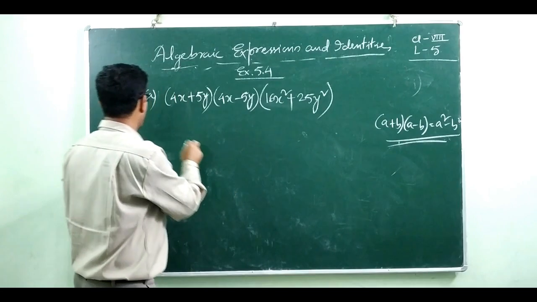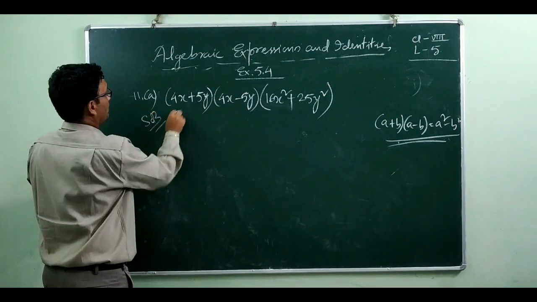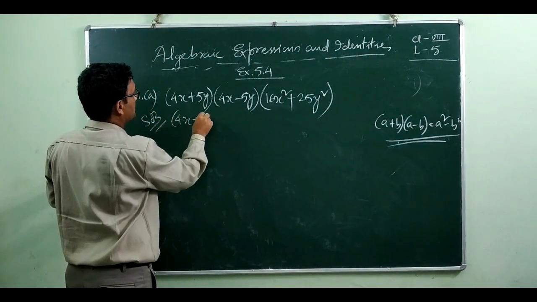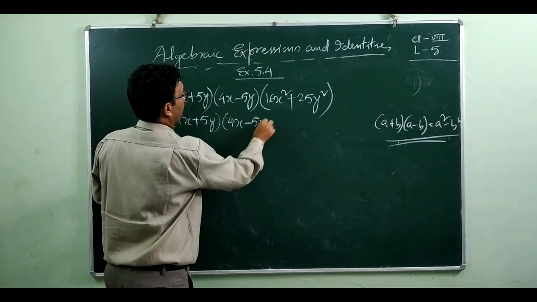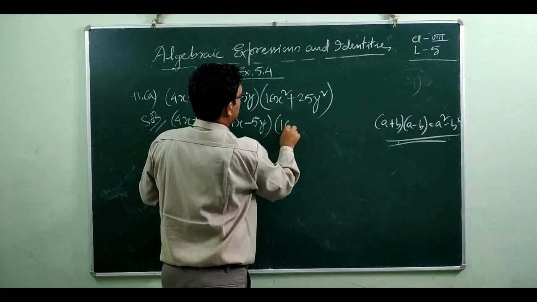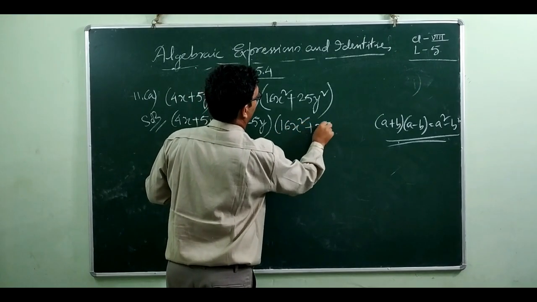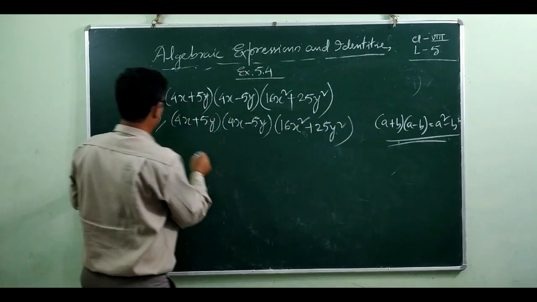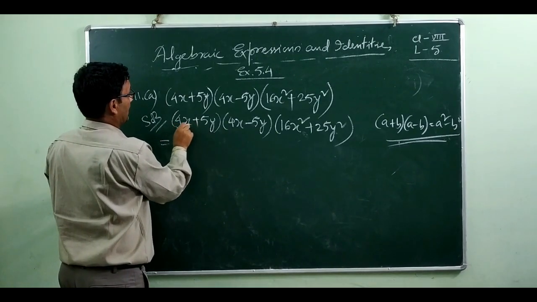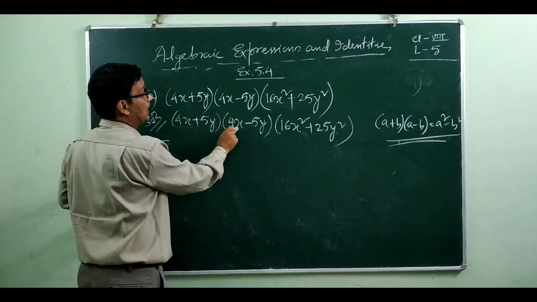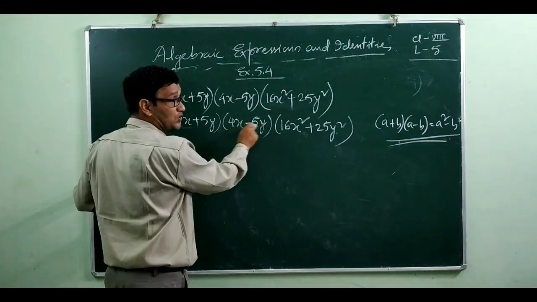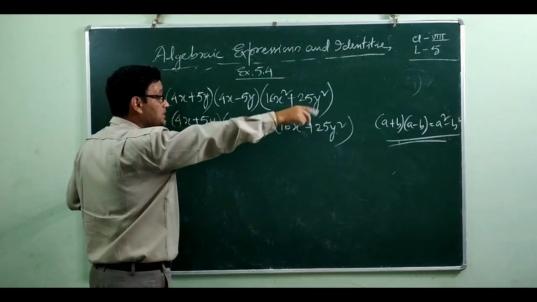How to solve this one? First we'll write the question: (4x plus 5y) into (4x minus 5y) then into (16x square plus 25y square). Then first you see this one. If you consider this is your A and this is your B, that means (A plus B) into (A minus B). So (A plus B) into (A minus B) means A square minus B square.